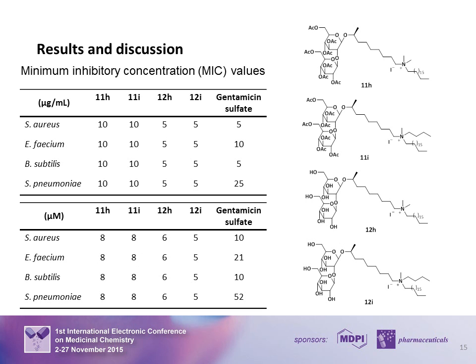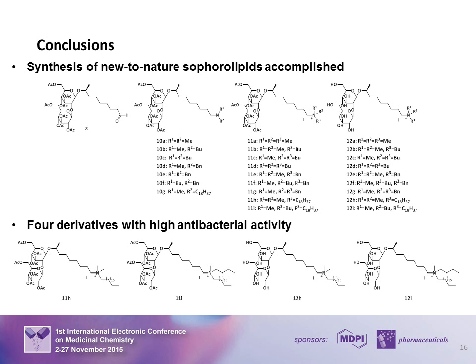The best results were obtained with the quaternary ammonium salts containing an octadecyl chain on the nitrogen atom. Both the acetylated and non-acetylated derivatives actually performed better than the antibiotic gentamicin sulfate when compared on a molecular basis. Results for the other active compounds are not displayed.